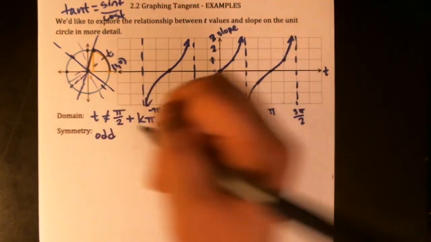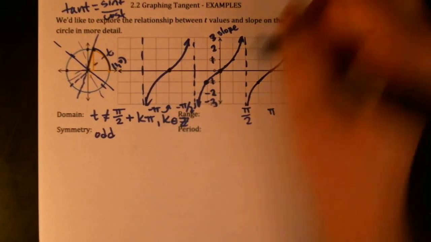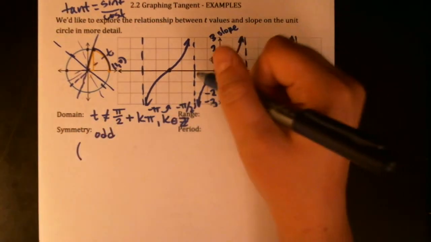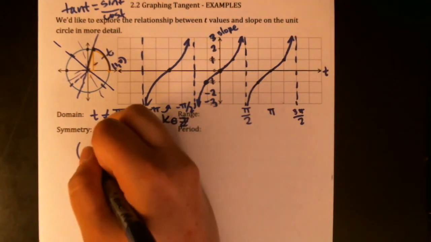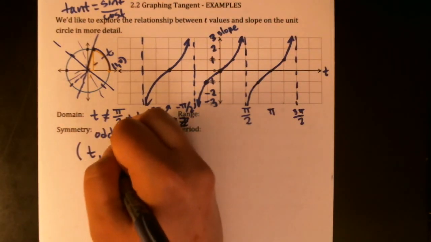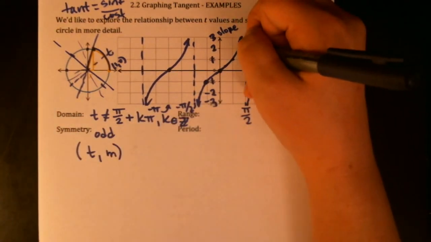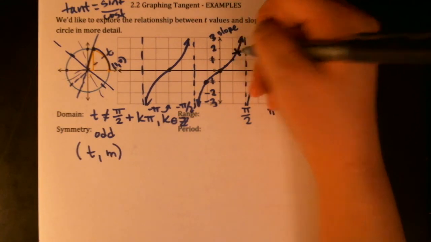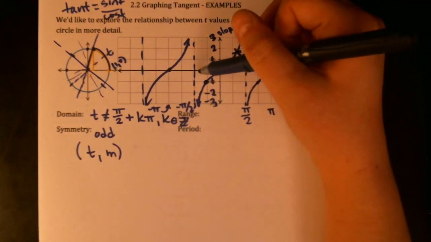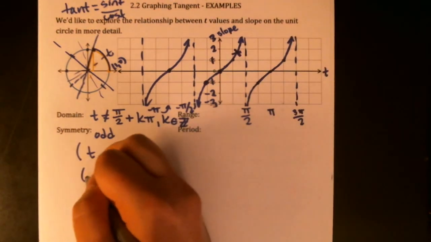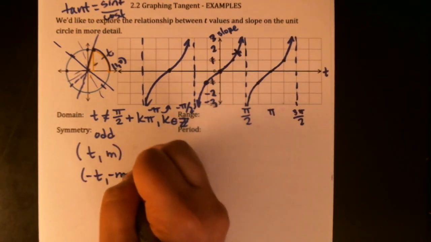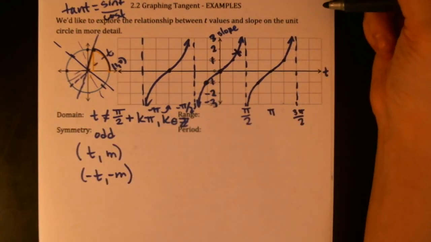Tangent is an odd function. So what we're saying is that if we have a point on tangent, we'll call it (t, m) for slope. So let's say this is our (t, m) point right here. We should have a corresponding point with a negative t, negative m. So using the opposite t value will give you the opposite slope.